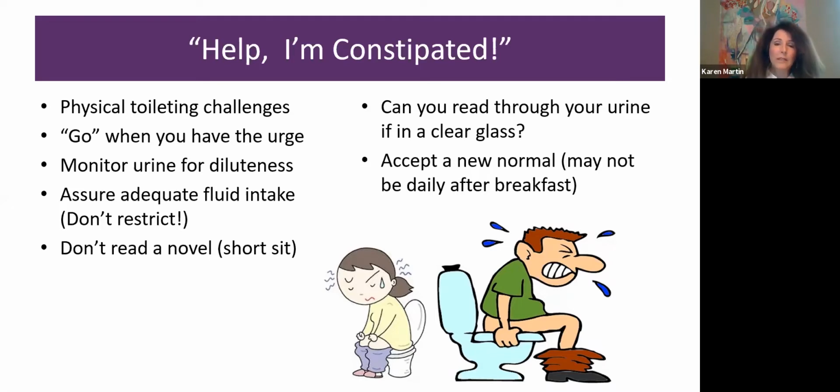And then also think about how dilute your urine is, if you can see through it, if it were in a glass. And then maybe think about accepting a new normal. It is not constipation if you go every 3 days and it's not with difficulty. Constipation is the guy on the right with difficulty and sweating, and he's obviously not in a comfortable spot.